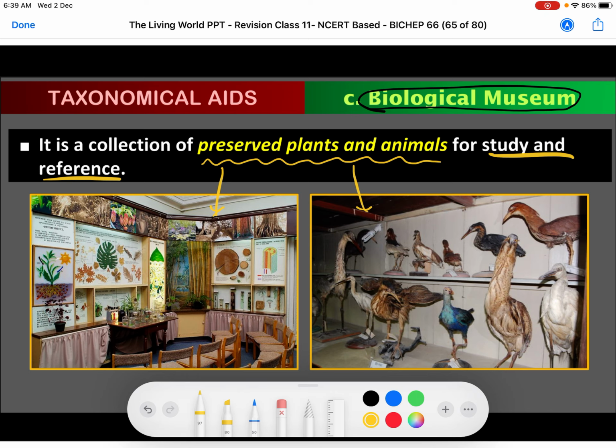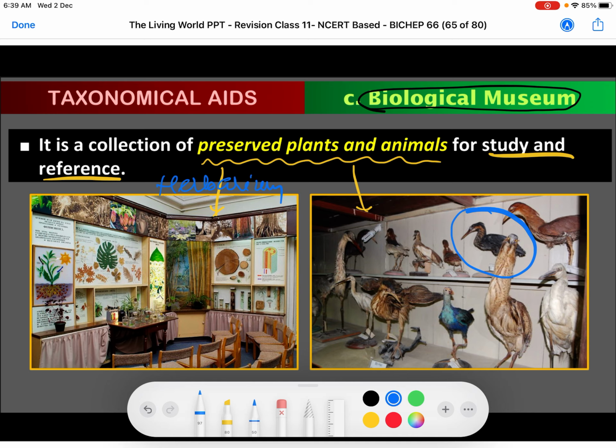Plants are preserved with the method of the herbarium, and animals are also preserved with a suitable method. There are many different methods of preservation of animals. The example given here is stuffing.